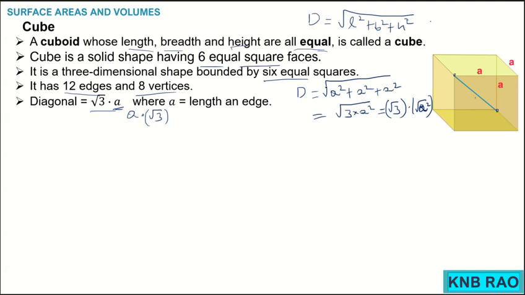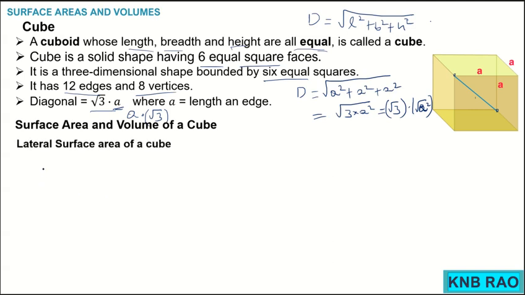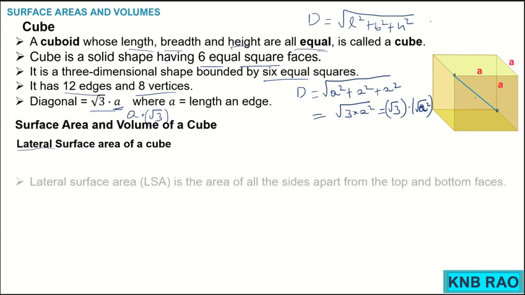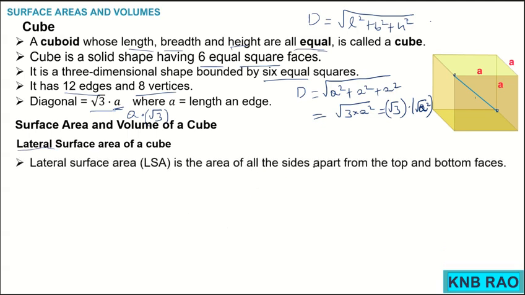Okay. Now, moving on to the surface area and volume of a cube. Lateral surface area. You know, lateral surfaces are nothing but the 4 sides leaving top and bottom. So, all the sides apart from the top and bottom will be called lateral surfaces, and the sum of their areas will give you the lateral surface area.